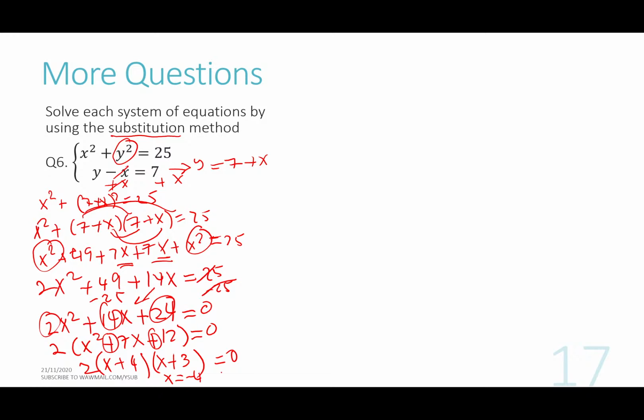What we do is that we put in place of x one time minus 4 and one time minus 3 and see the value of y. We will see that y equals 7 minus 4, then it is 3, and y equals 7 minus 3, then it is 4. So the answer is minus 3 and 4, and minus 4 and 3. These are the solution sets.